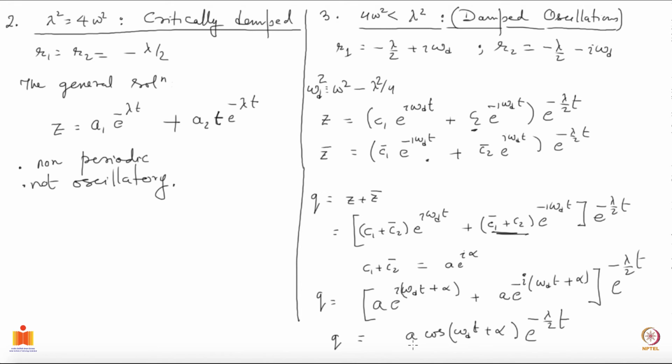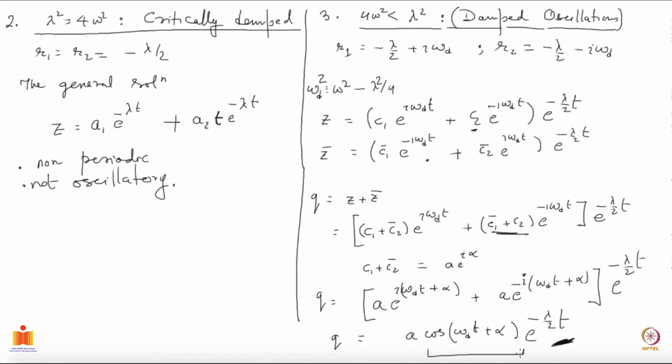Now again, this is not a periodic motion, meaning q never comes back to its original location because of this factor. As time has passed, because of this the amplitude would have decreased. But this is an oscillatory motion because of the presence of this cos. So the pendulum or the oscillator is indeed oscillating about the equilibrium, but the amplitude is decaying with time.